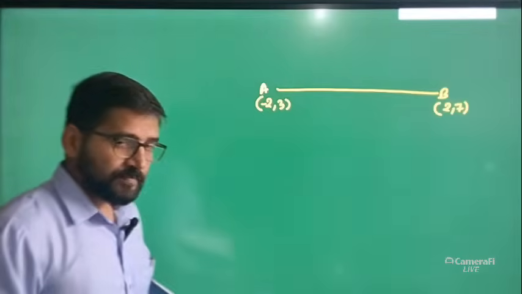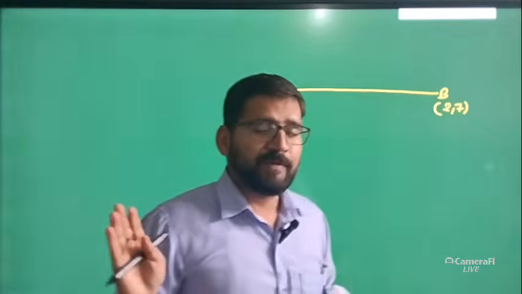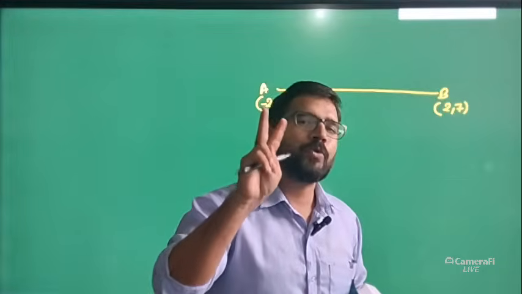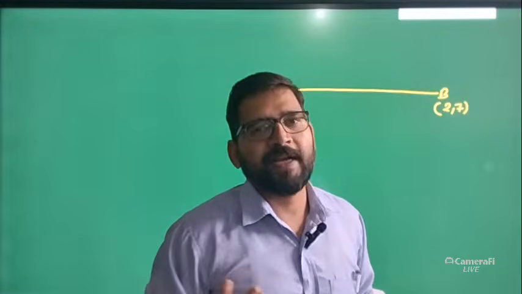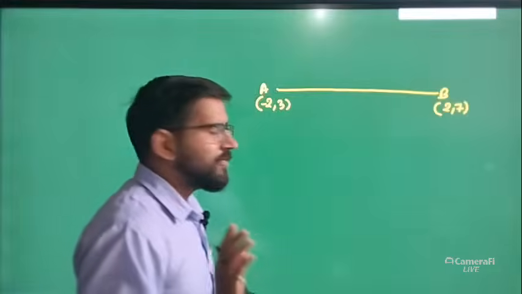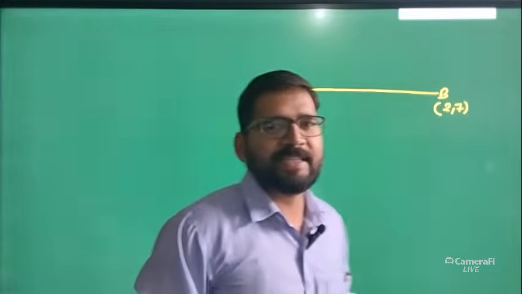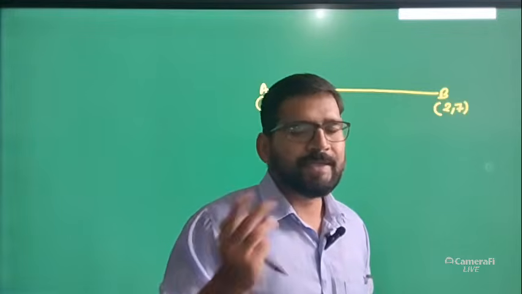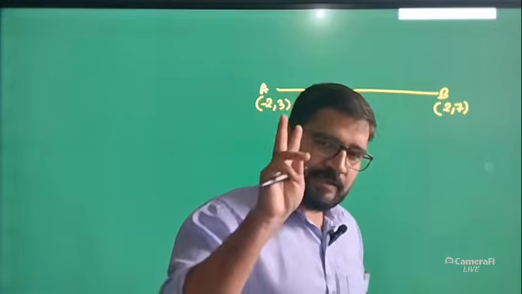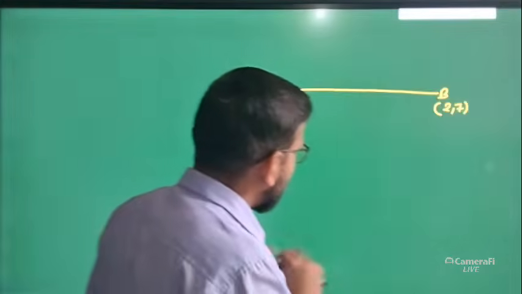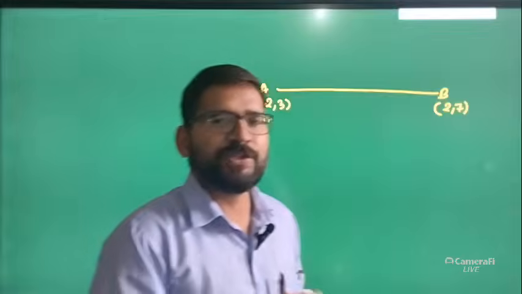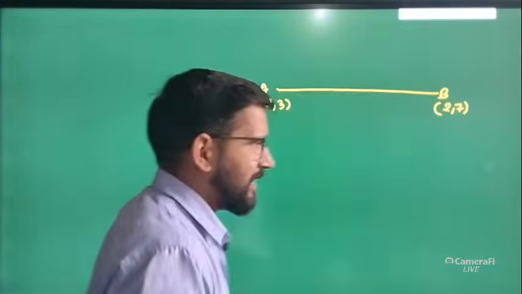In our previous class, I taught you that there are two ways we can find slope. One was when theta is given: slope is equal to tan theta. And second, when 2 points are given. In this question 2 points are given, so we can easily find the slope.